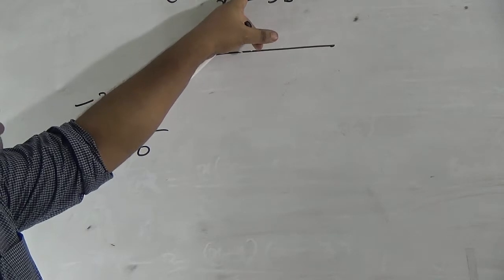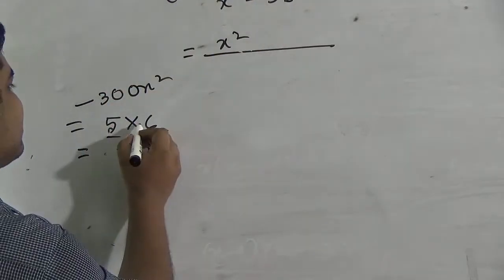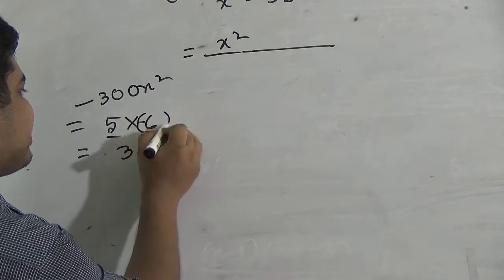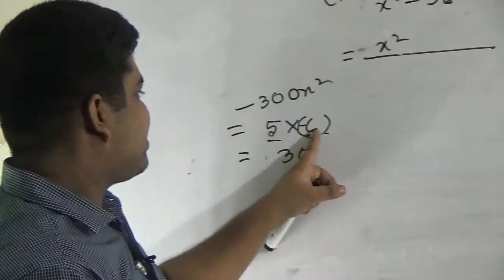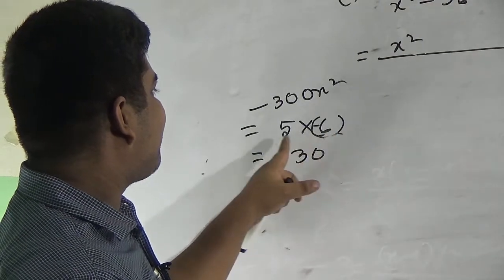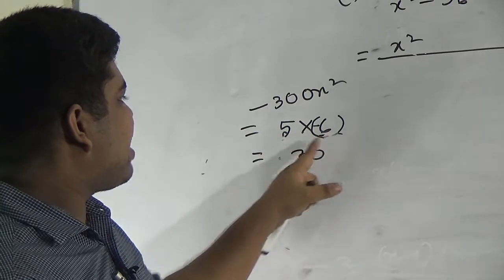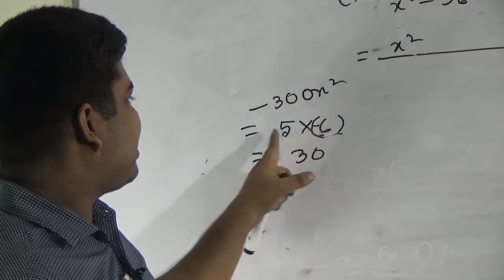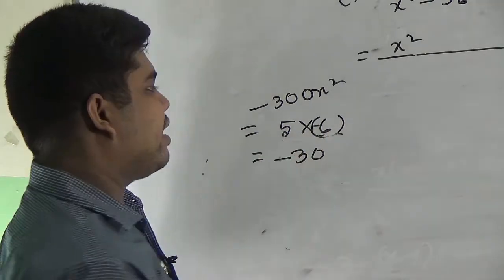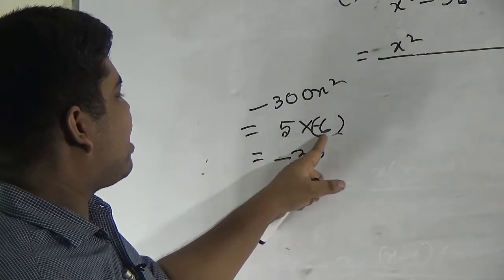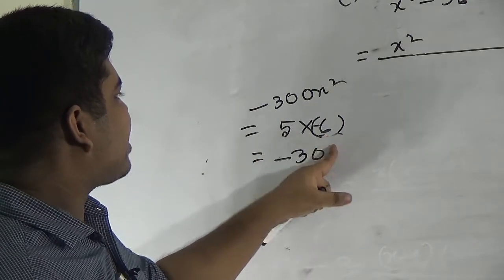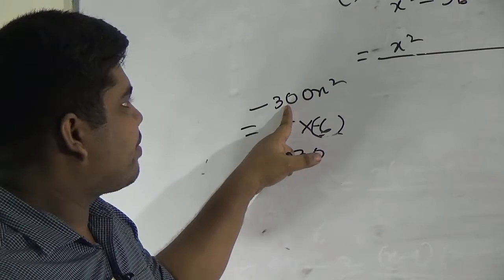For this reason, the larger number, that means 6, will be negative. That means minus 6 and 5. 6 5s are 30, and this minus sign and this plus sign will be minus. That means 5 and minus 6 are the two factors of minus 30.